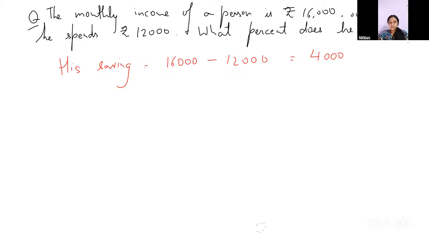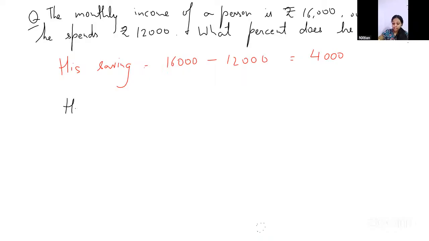Ma'am, 4,000, since we calculated that is 4,000. 4,000 over 16,000 times 100, which equals 0.25 times 100, which is 25%.